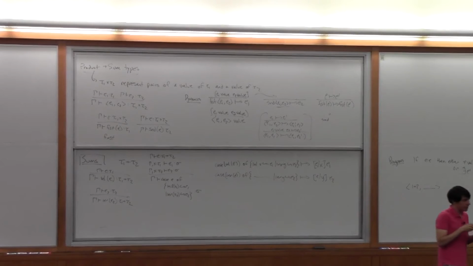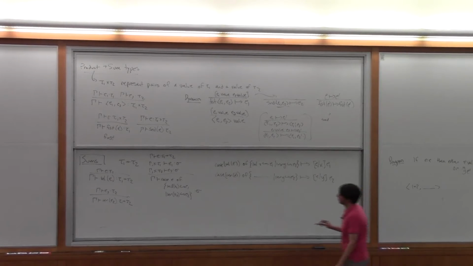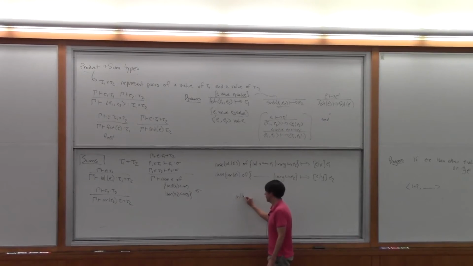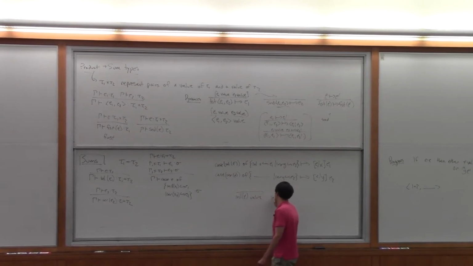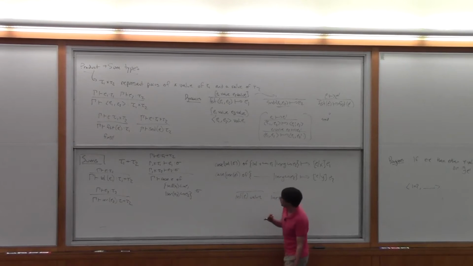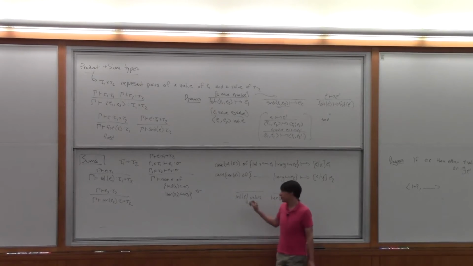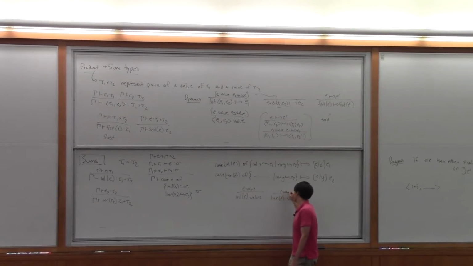If we wanted to make our sums lazy, then what's a value? In left of E is a value separately, in right of E is a value. If we wanted to make them eager, then when is this a value? Only if E is a value.